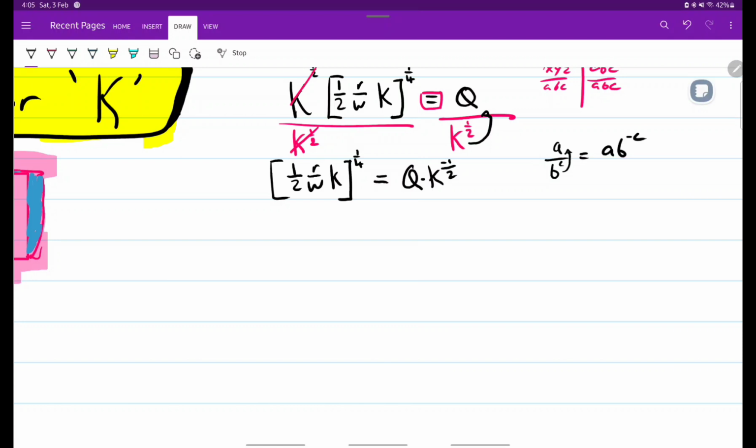Okay, so that's representing 1/4. It's one portion of 4, where 4 is equal to 1. So to get rid of that exponent, I want to multiply it through by 4.